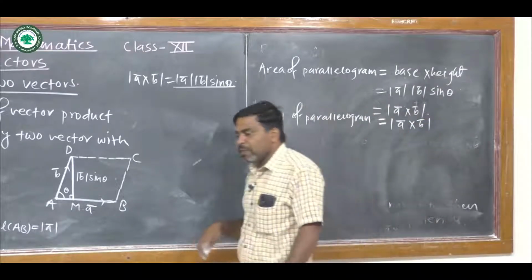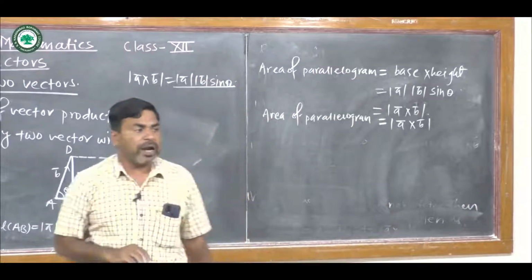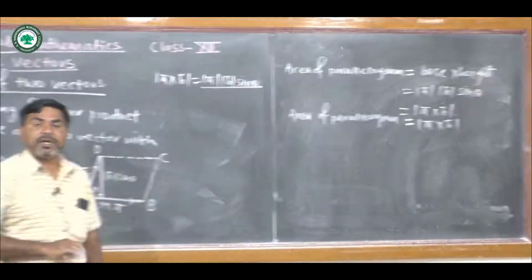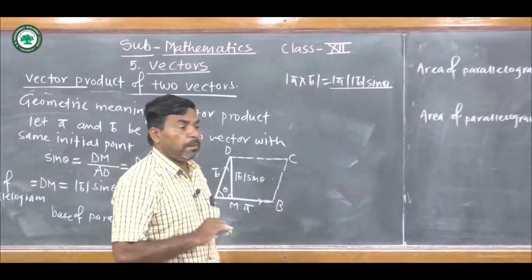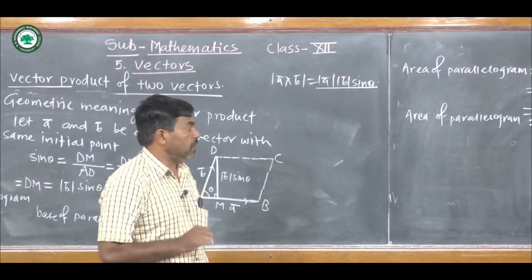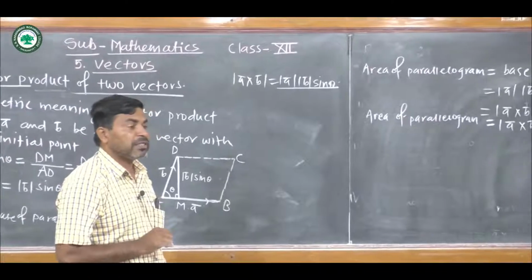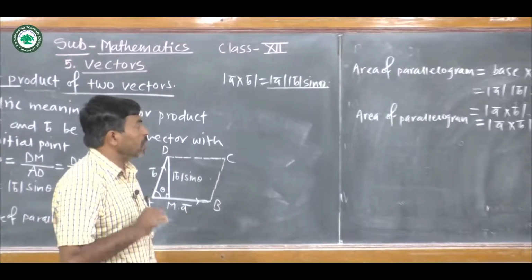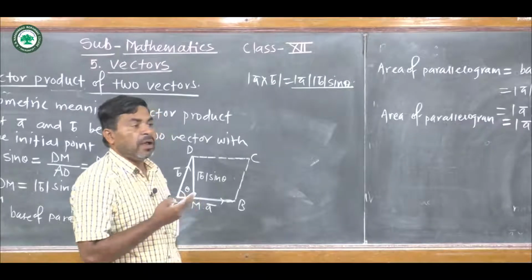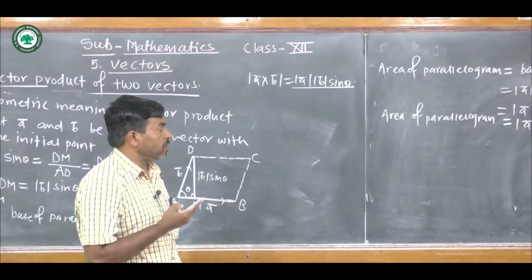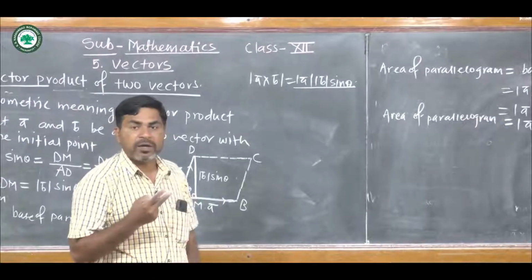This is the geometrical meaning of vector product, the cross product. The magnitude of vector product of any two vectors A bar and B bar is nothing but the area of parallelogram with two adjacent sides having lengths magnitude of vector A and magnitude of vector B.